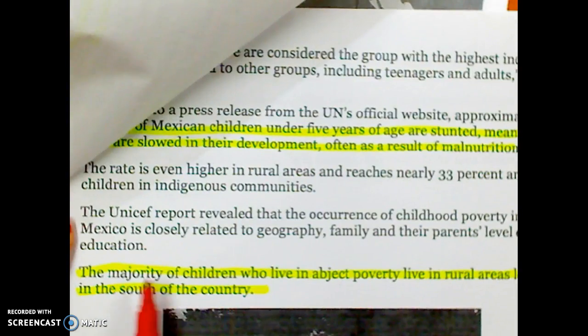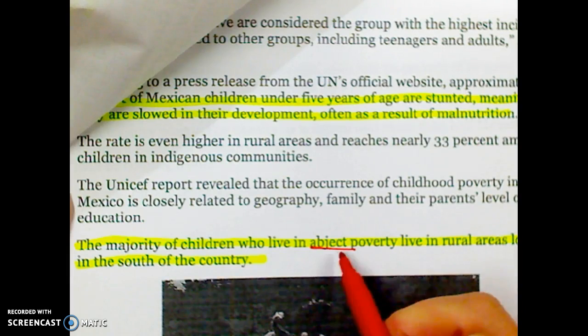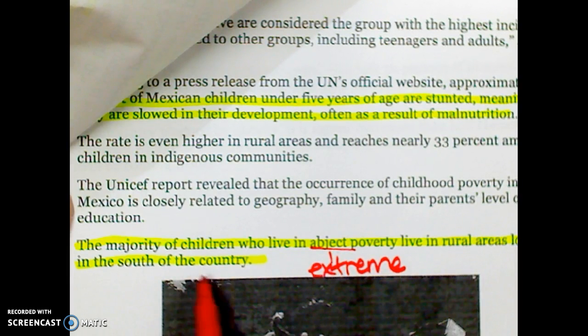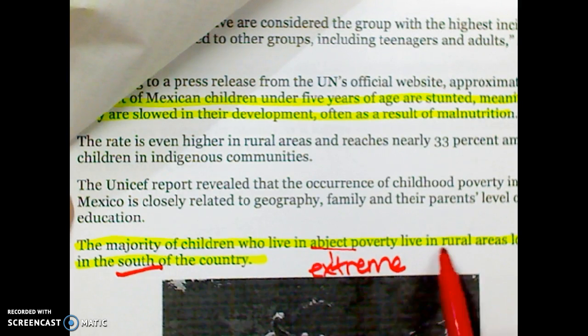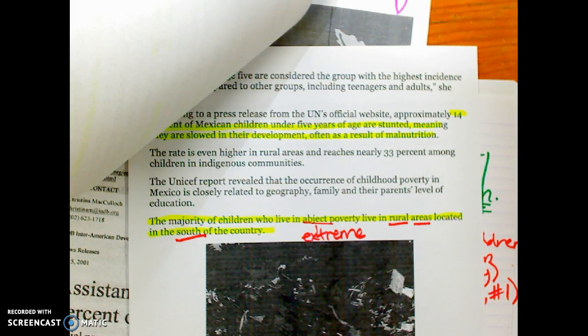So for example, the majority of children who live in abject, this is extreme poverty, the majority of those children are living in the south of the country in rural areas. And actually, my solution is really closely related to this information. So I'm going to jot this fact down.